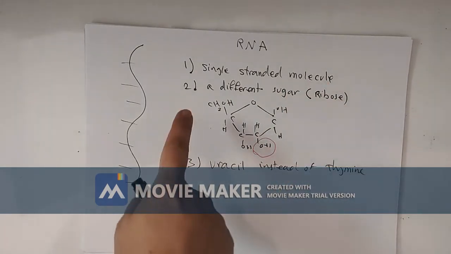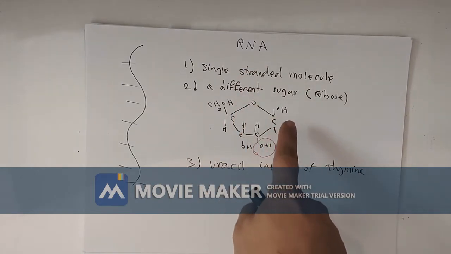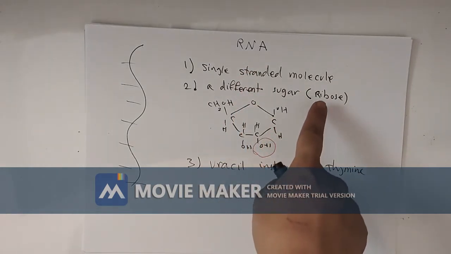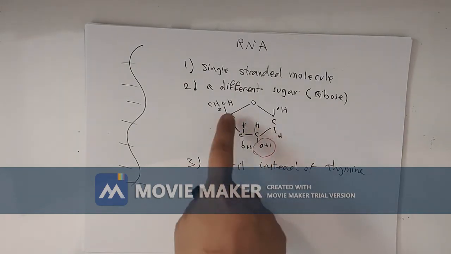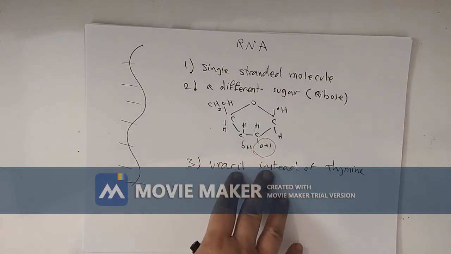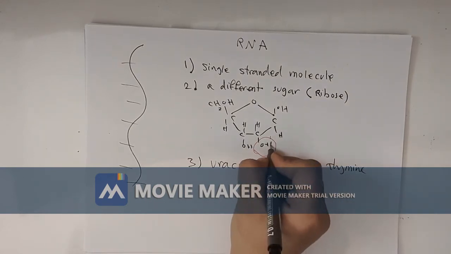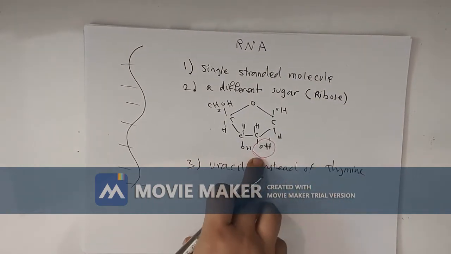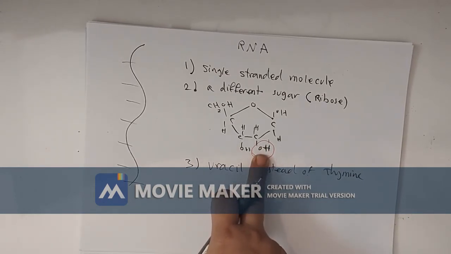The second difference is that in RNA, instead of deoxyribose, we have ribose sugar. Look at the differences I told you. Everything is the same, but in the ribose sugar, here is OH, but in the deoxyribose, this one is hydrogen. That's the only difference.